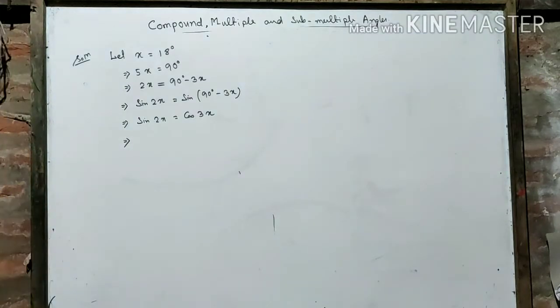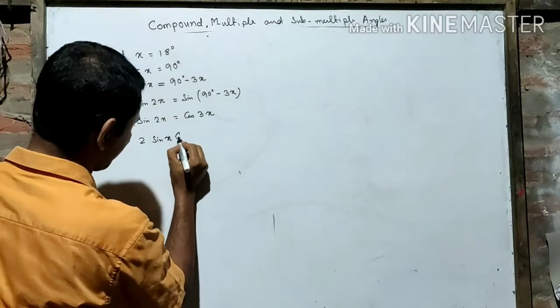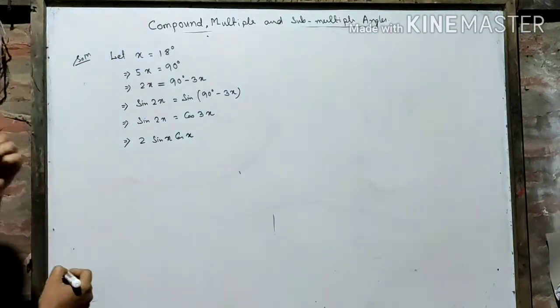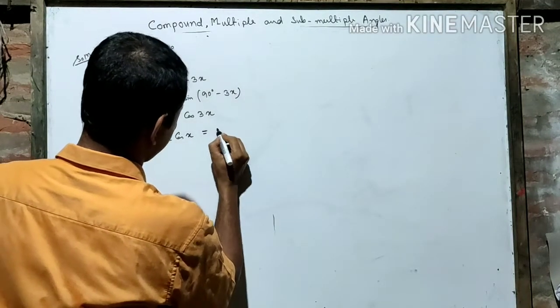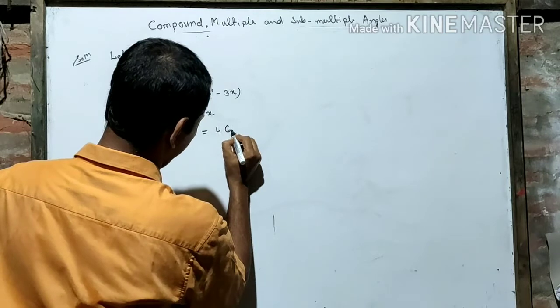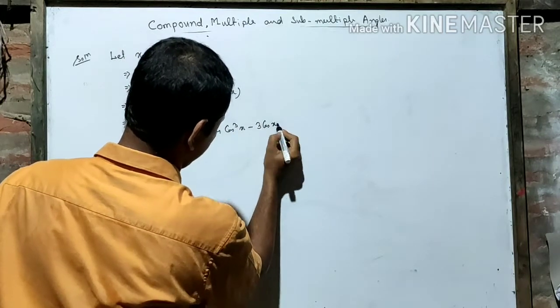Now, what is the formula for sine twice x? So sine twice x can be written as 2 sine x into cos x. And what is the formula for cos thrice x? 4 cos cube x minus 3 cos x.